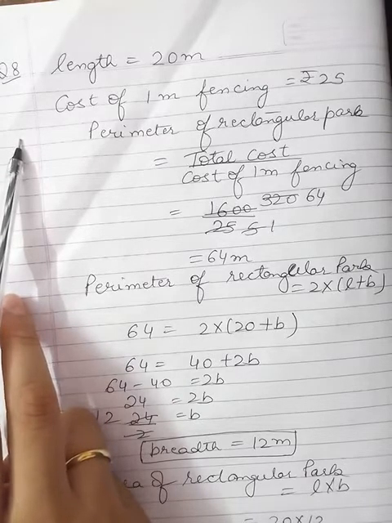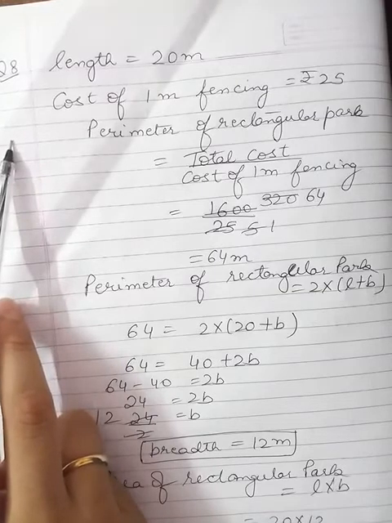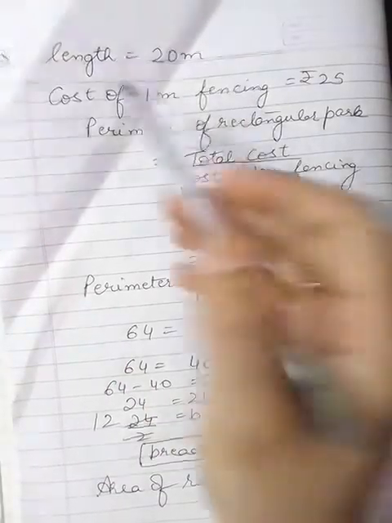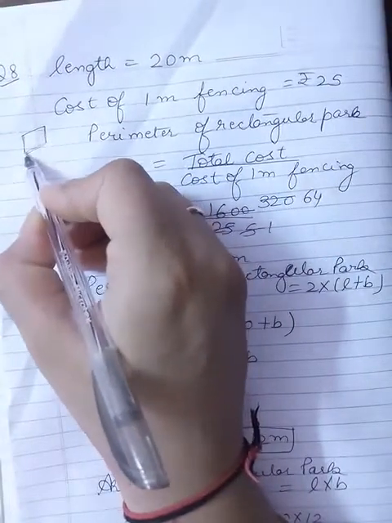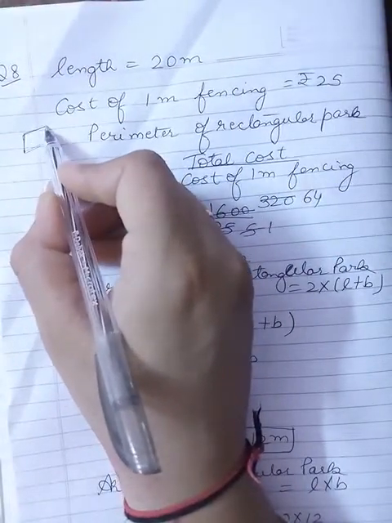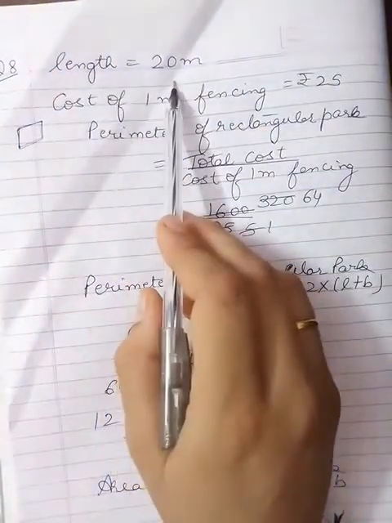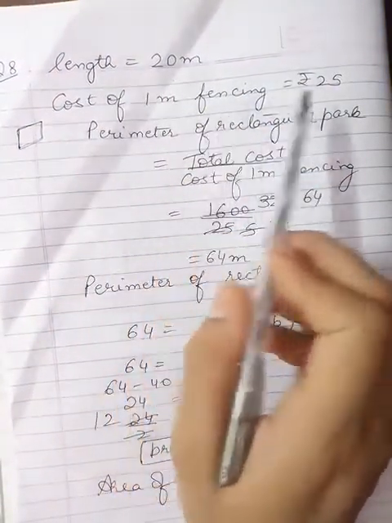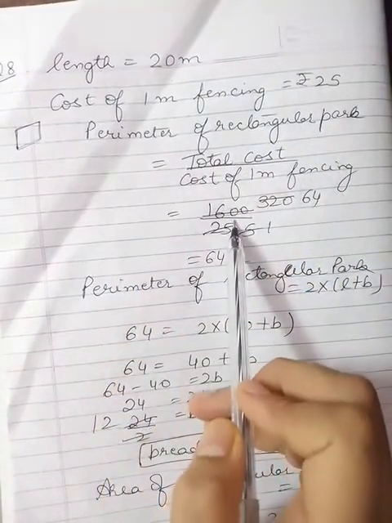Fencing means we are covering the boundary with wire, iron wire or any wire. Fencing means we consider only the boundary portion, so in that case we are finding the perimeter. In this question length is given 20 meter, cost of 1 meter fencing is given rupees 25, total cost is given in the question 1600.